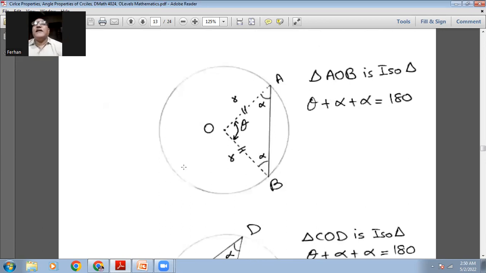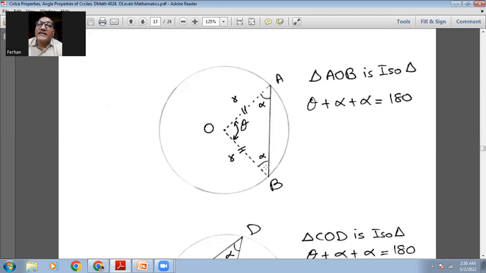For example, here I have explained it further. This is a chord AB, and you have joined A with the center and B with the center. So OAB is a triangle. OA is a radius, OB is also a radius, and the angle at the center is theta. So this is an isosceles triangle.